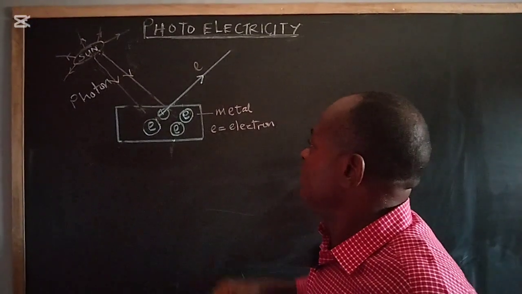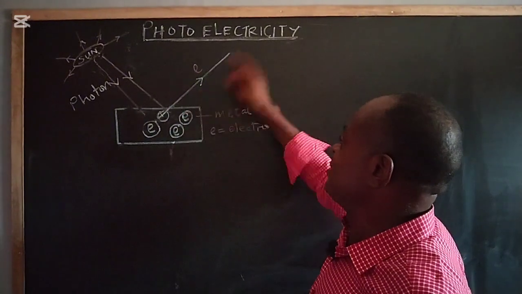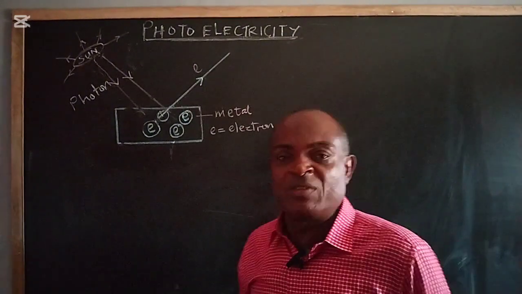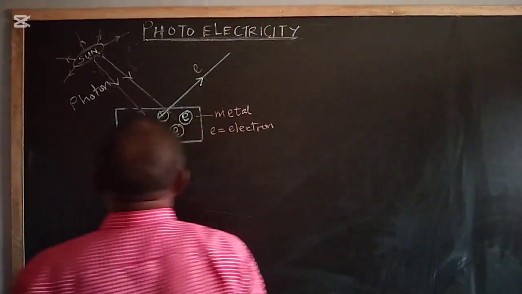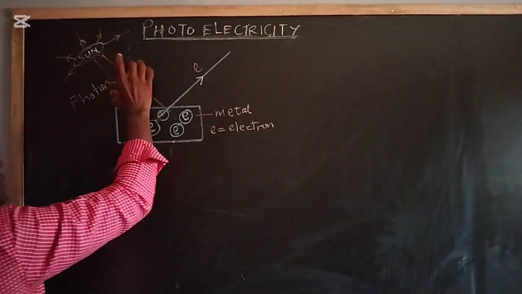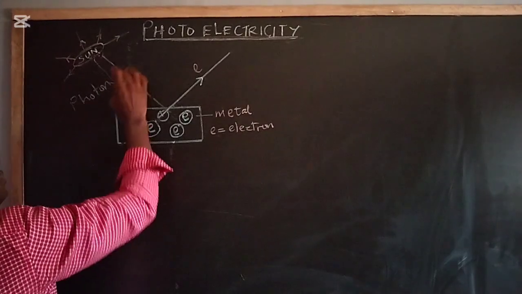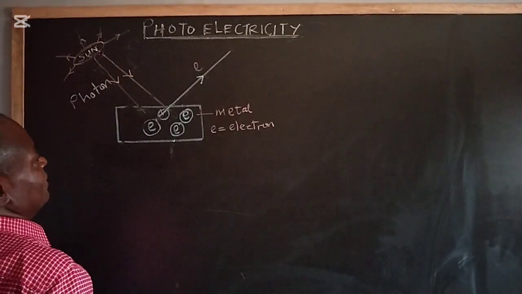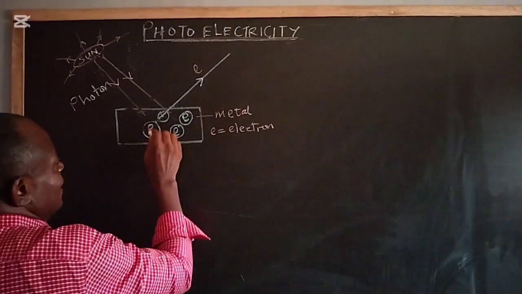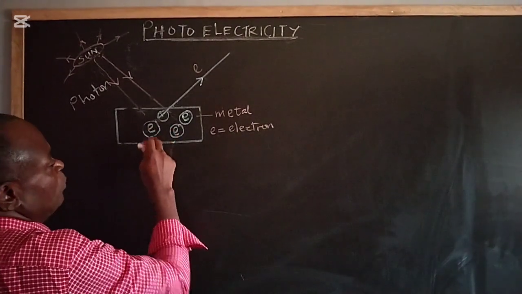And when they are ejected, they possess kinetic energy and they run away from the surface of the metal. So from the sun we have the radiation, and the packet of radiation from the sun is an energy packet called photon. Electrons are usually seated on the face of the metals in a hole which is positively charged.